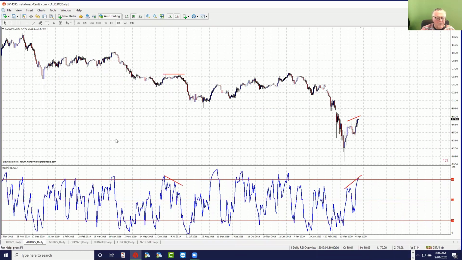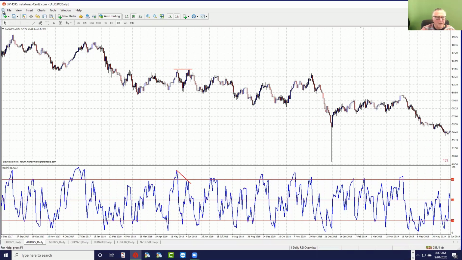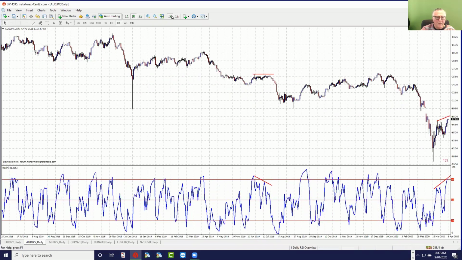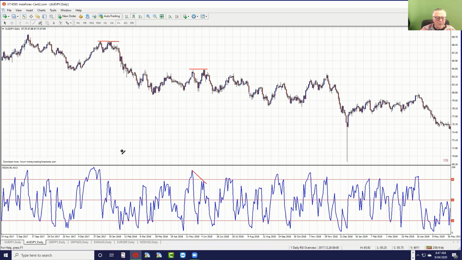Let's see. The natural thing for a double top. Oh, there's a beautiful one. The natural thing for the RSI is to create a divergence. That's why a divergence is such a good signal. Just boom, boom.